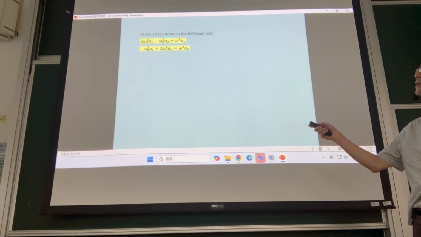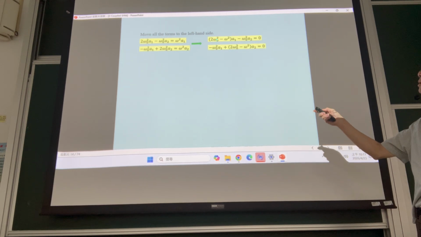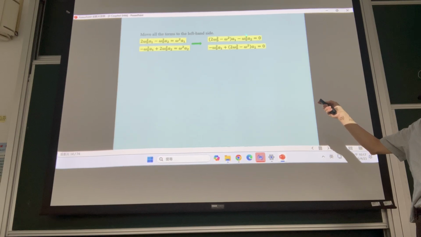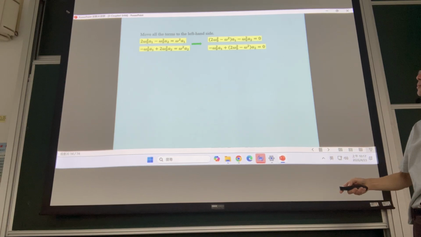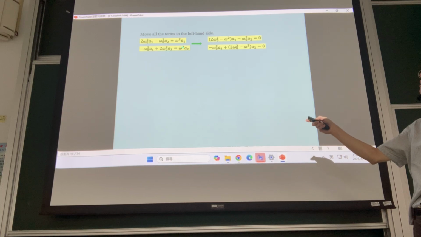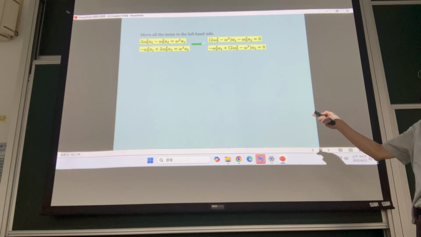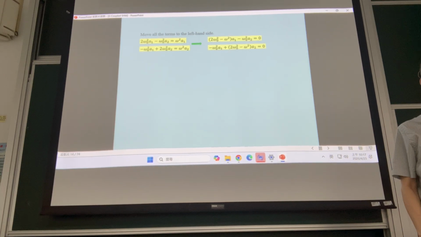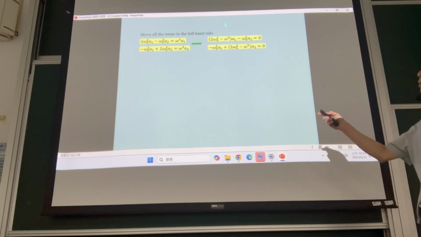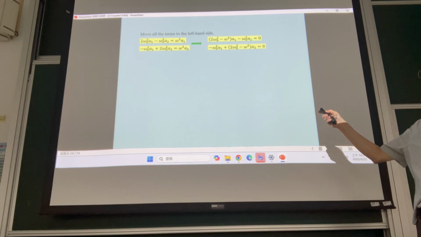So better to combine them together into this term, this constant times A1 minus this constant times A2 equal to 0. The second equation, the same. I will move the right-hand side to the left-hand side. You will see this equation. Okay, so these are all algebraic equations for A1 and A2.